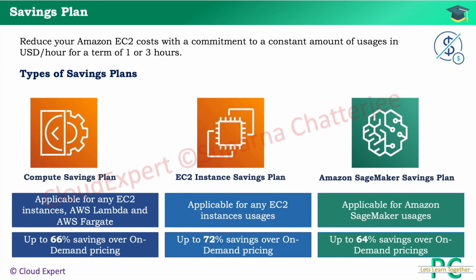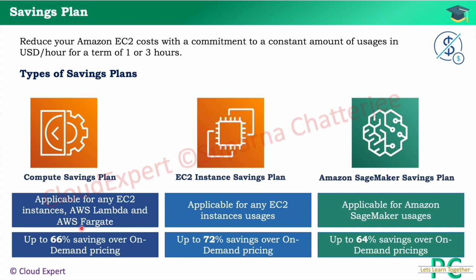Currently, AWS offers 3 types of Savings Plans. First, Compute Savings Plan, then EC2 Instance Savings Plan, and third, SageMaker Savings Plan. Now let's compare each Savings Plan.